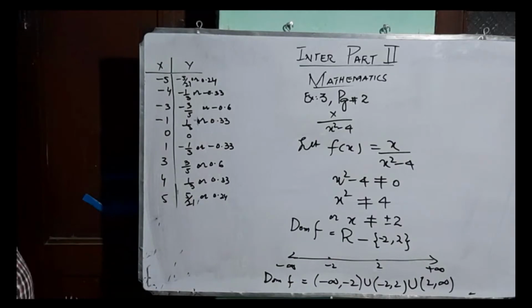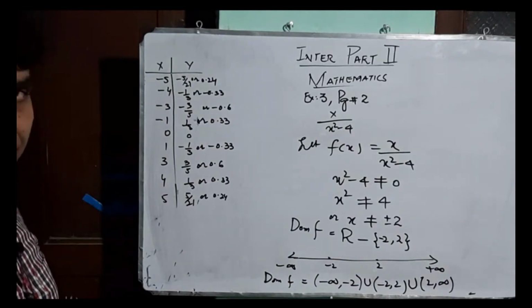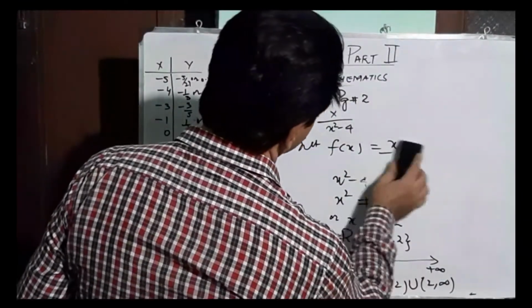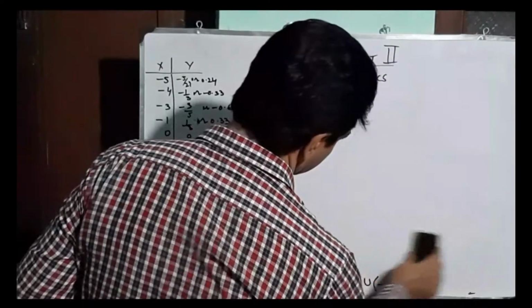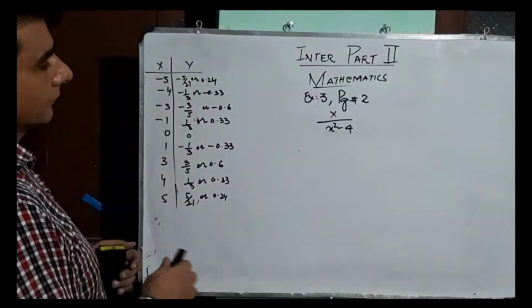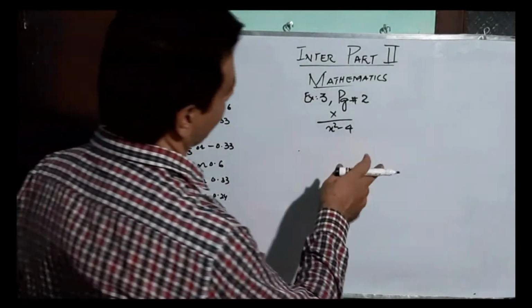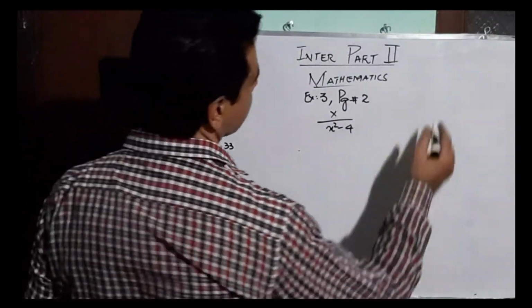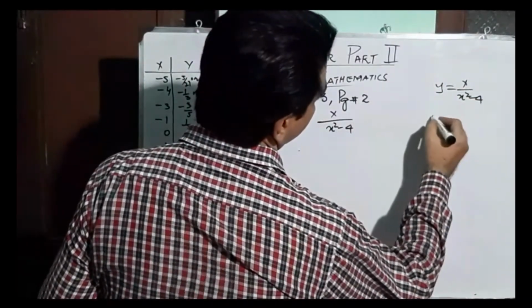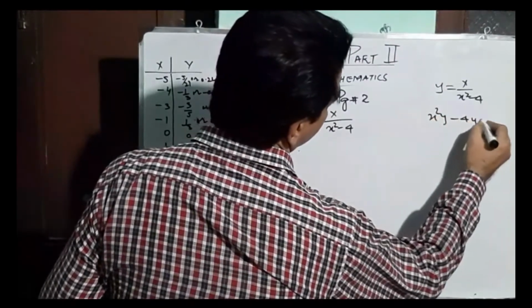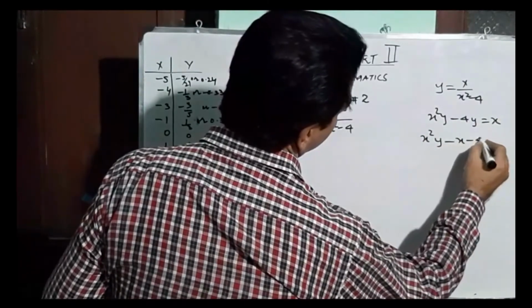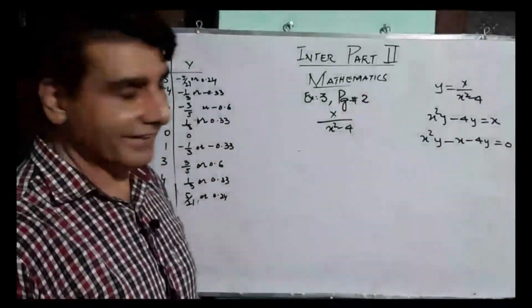Now we move to the range, but it's a little bit tricky. Because if we express this function in terms of x, cross multiplying, it becomes a little bit complex.